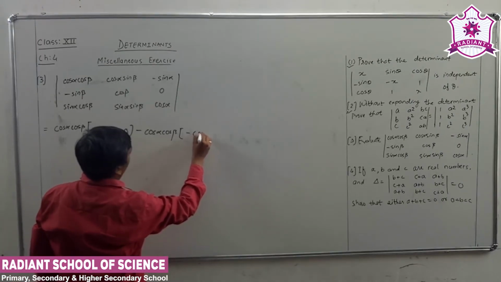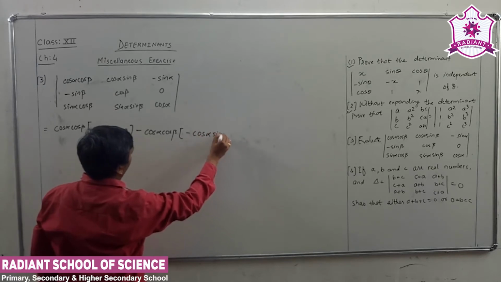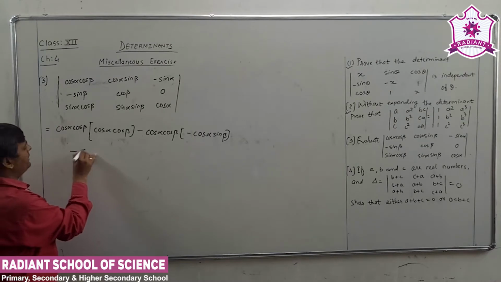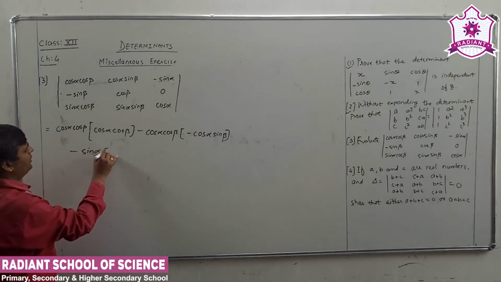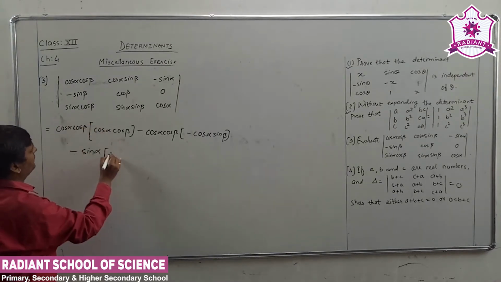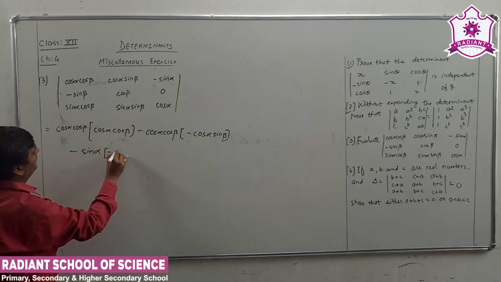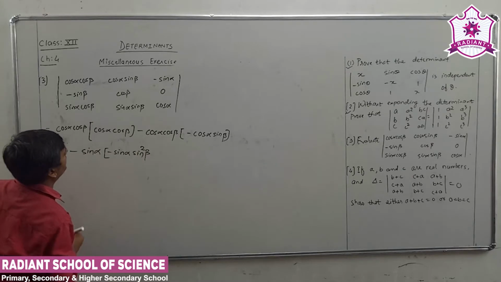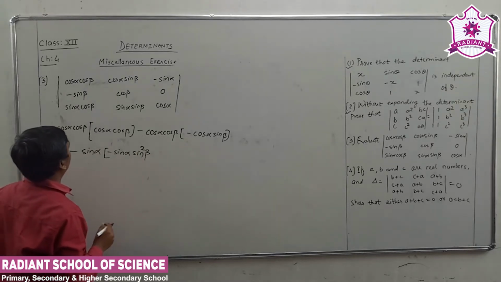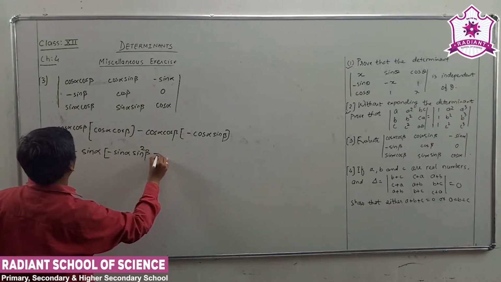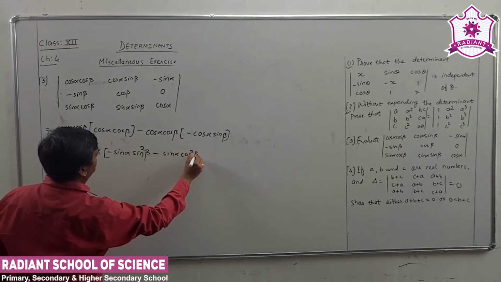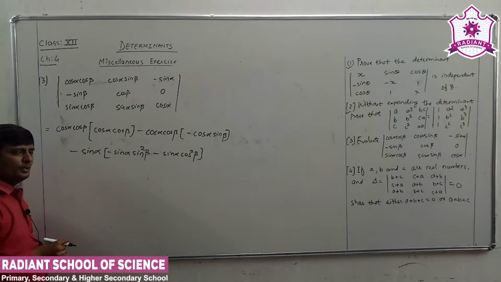So minus cos alpha into sin beta. And this one is minus sin alpha into bracket. This one is so minus sin alpha into sin square beta, and minus sin alpha into cos square beta. So understand this one?